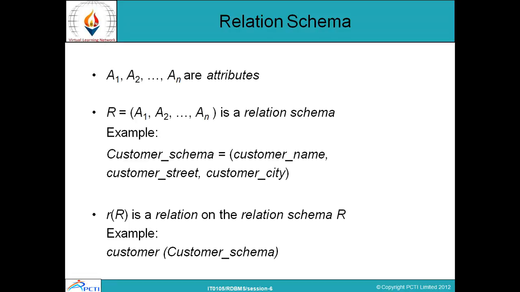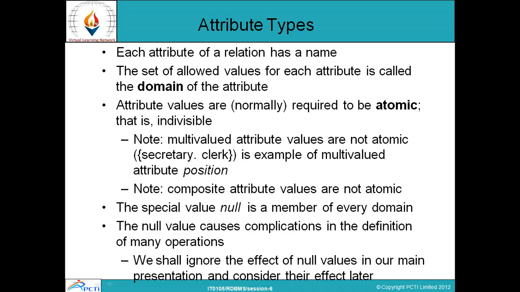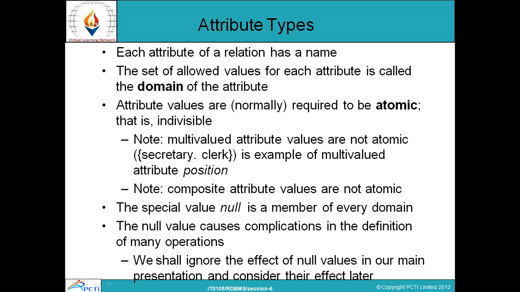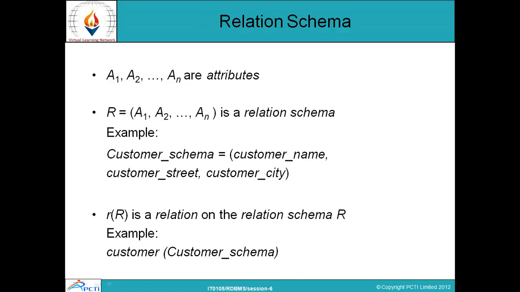Consider an example, a customer schema that takes customer name, customer street, and customer city. In the previous slide we took these three names as an example. So among these three we make the relation, and R is considered the relation name over the relation schema. So here the customer schema is considered over these three.